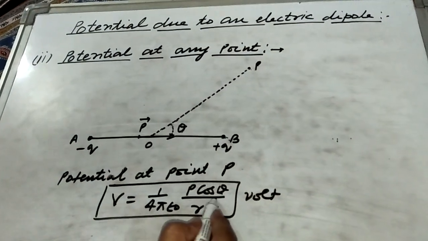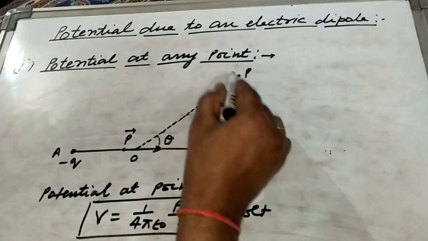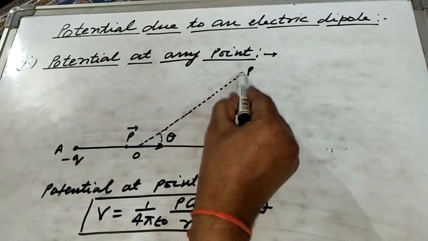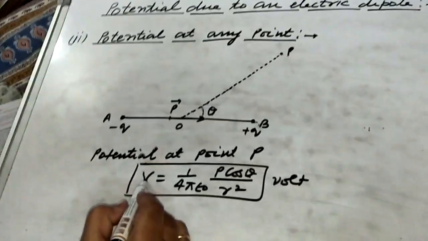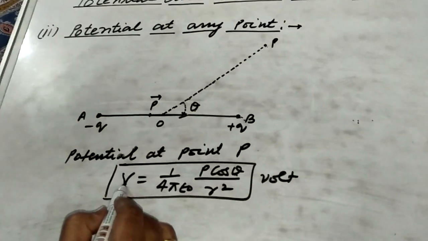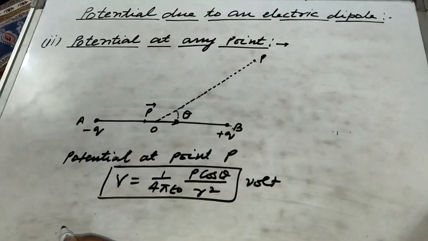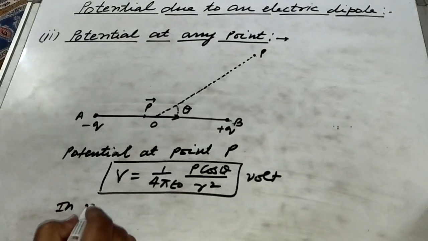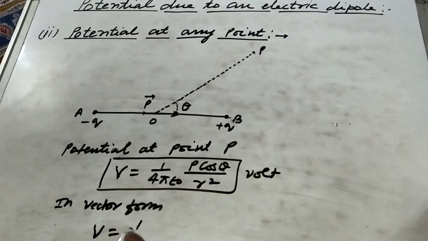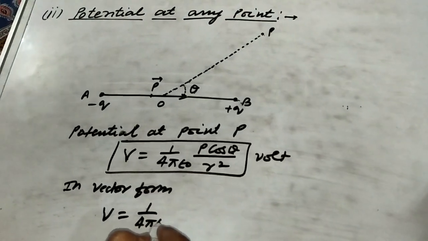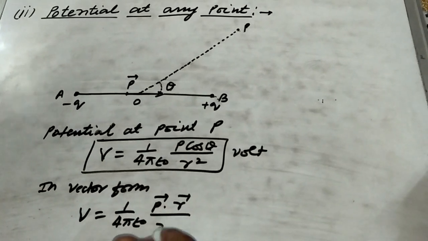It means by using this formula you can find the electric potential due to an electric dipole at any point where the line joining the point to the axis of the dipole makes an angle theta. And in the third case, you know electric potential is a scalar quantity and the dot product of two vectors is also a scalar quantity. So you can write in vector form V is equal to 1 upon 4 pi epsilon naught vector p dot vector r upon r cube.